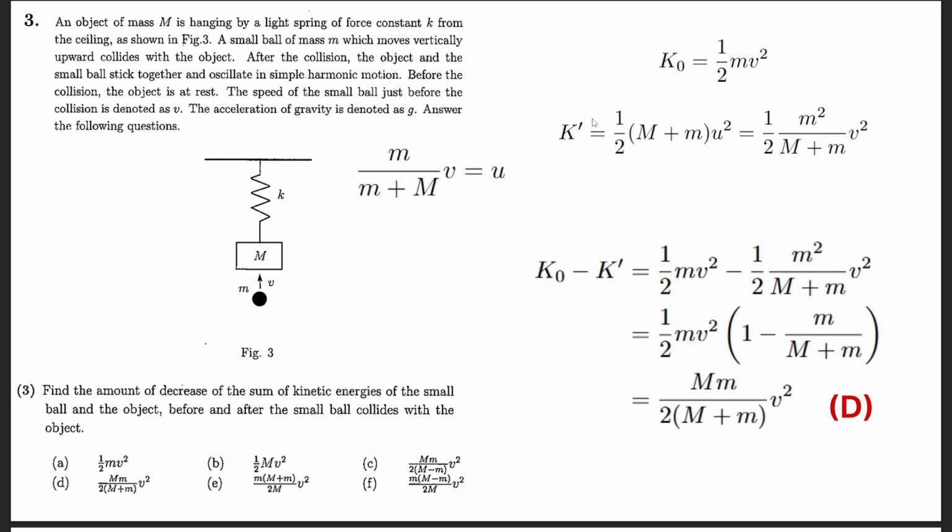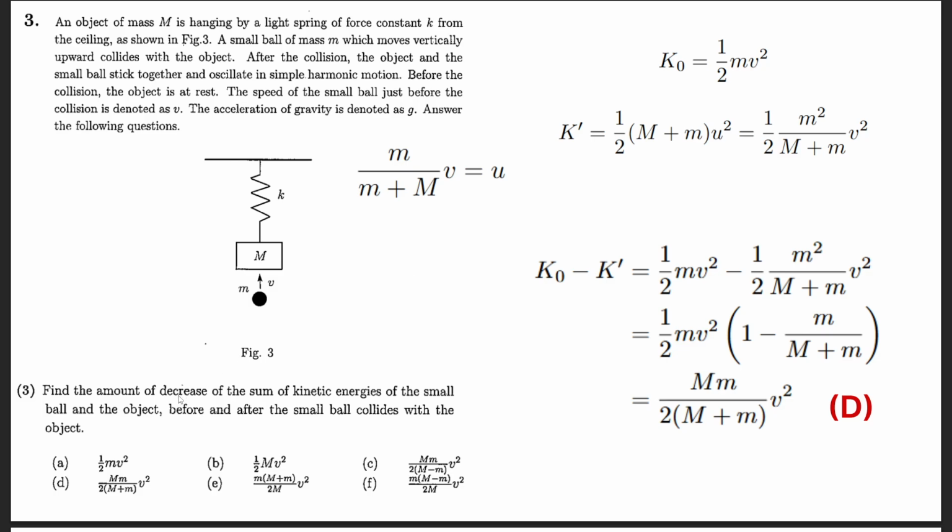So we can write the kinetic energy after is a half times M plus small m times u squared. And we know from the problem before that u is equal to m over m plus big M times v, and substituting that we get a half times m squared over M plus m times v squared.